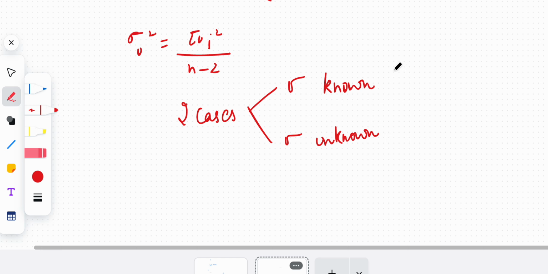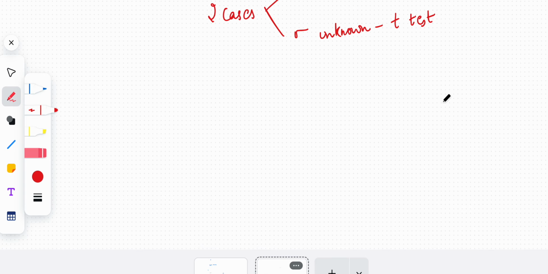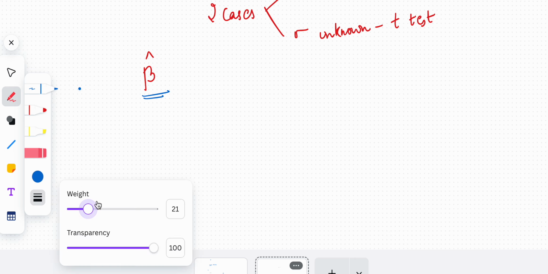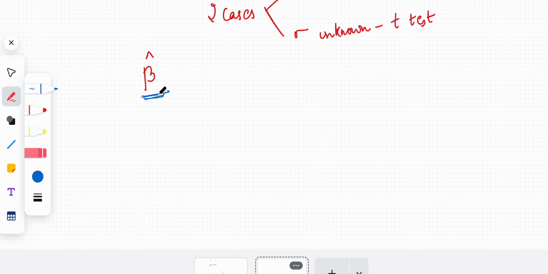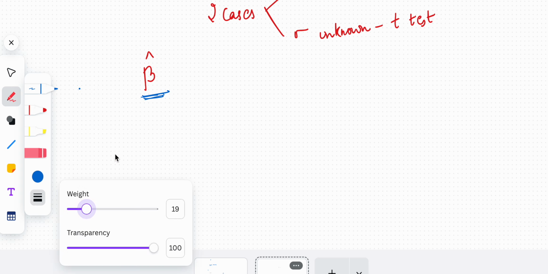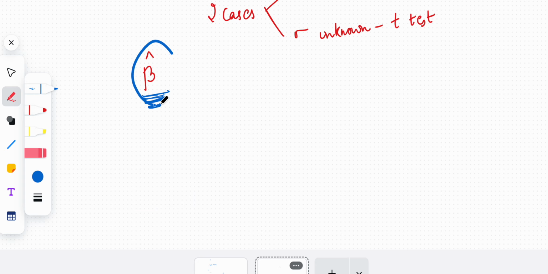When it's known we use the z test, when it's unknown we use the t test. I'll only do this for beta and not for alpha right now, so don't expect that to be the conclusion.